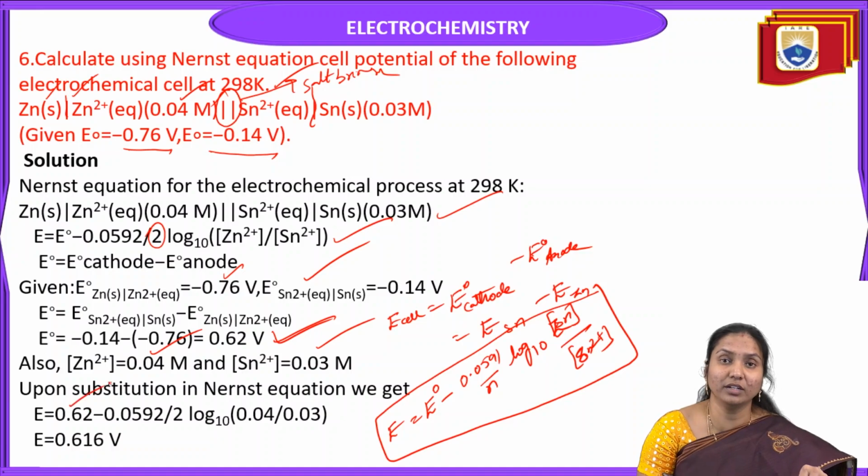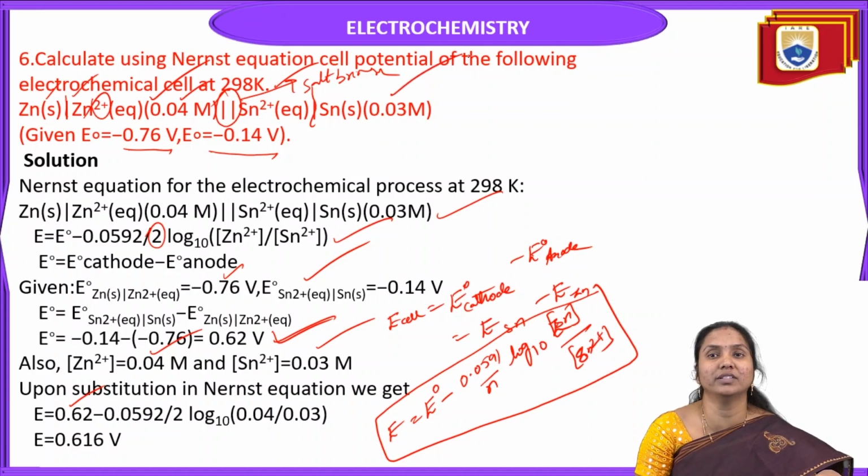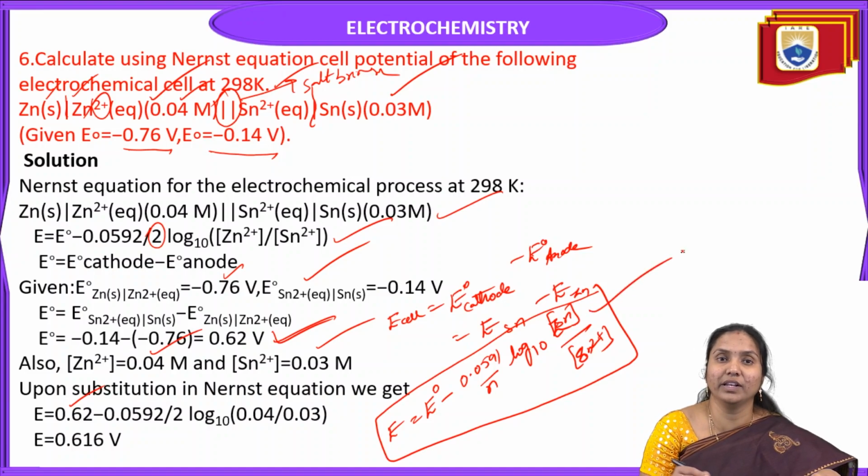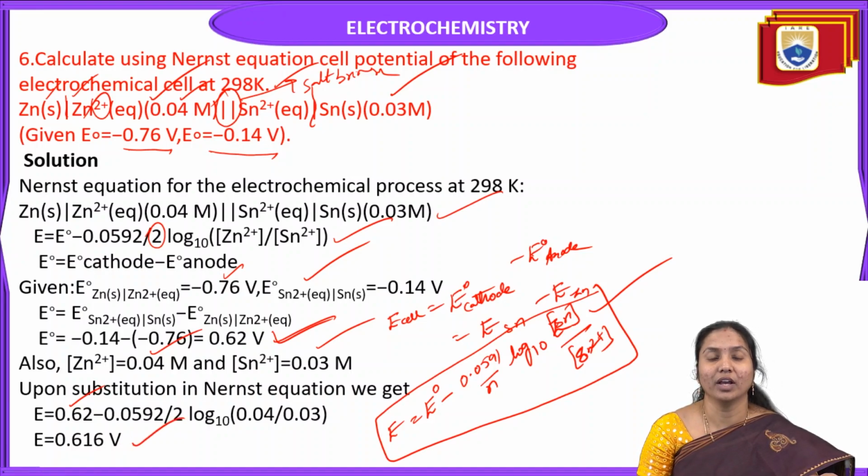So we substitute 0.62 minus 0.0591 by the number of valence electrons involved, 2 electrons, so by 2 log 10, where the concentration of zinc is 0.04 and the concentration of tin is 0.03. With all the values substituted in this Nernst equation, finally we get the electrode potential of the given cell as 0.616 volts.